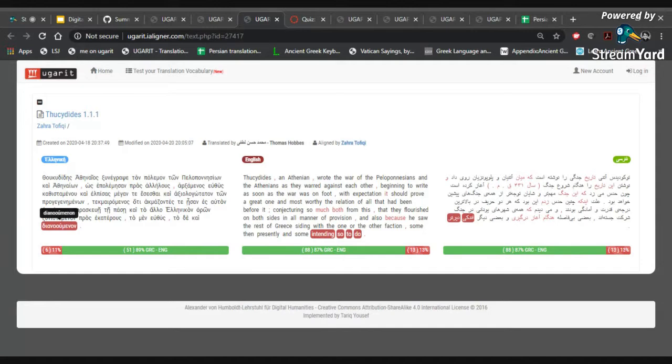I just wanted to point out that translation alignment as an exercise may give us many more opportunities for evaluating the learning process of users or learners.